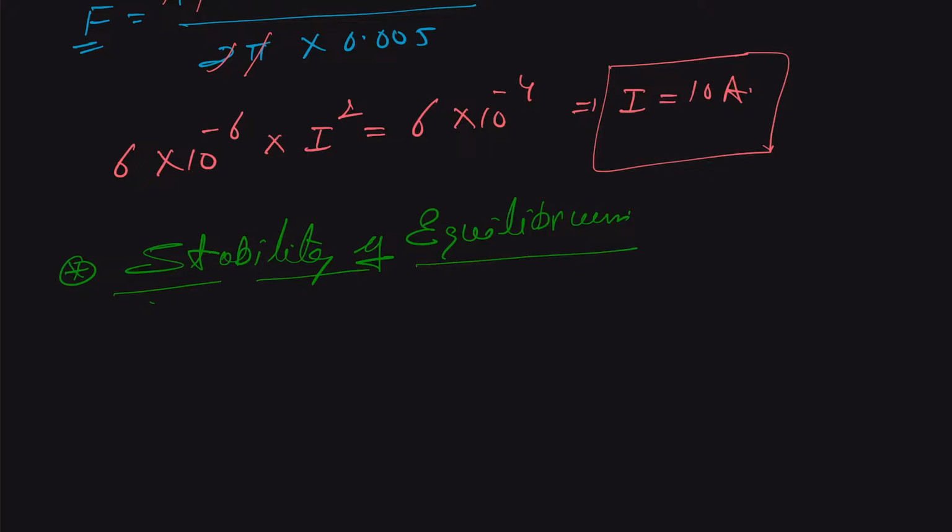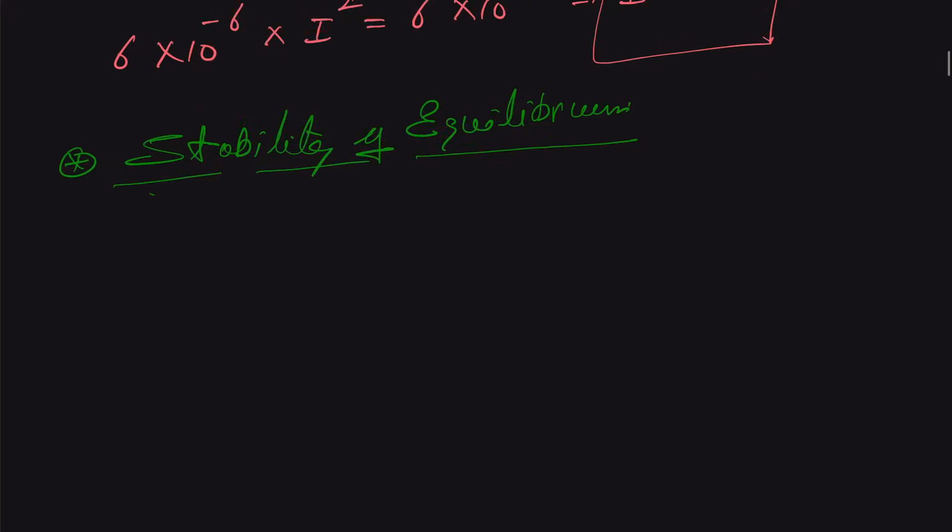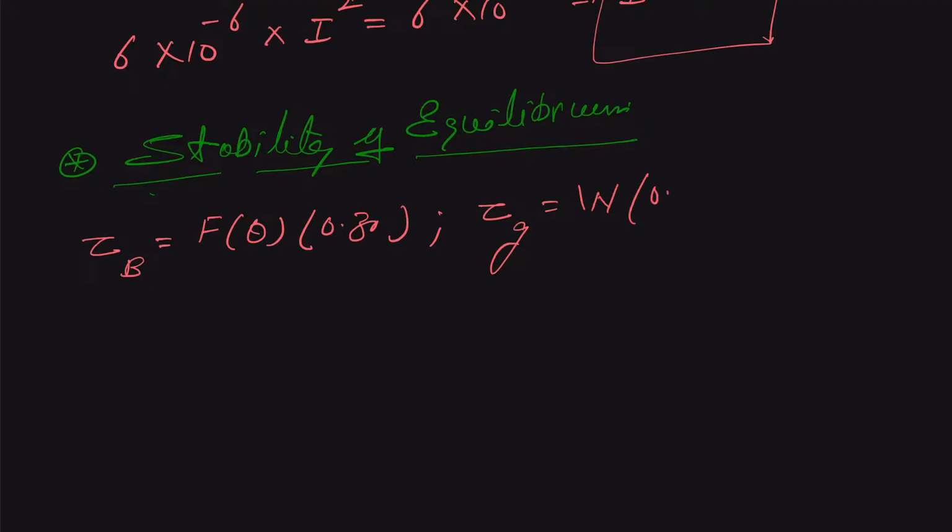We know that we have two torques acting. The first torque is because of our magnetic force, that is tau B, and obviously that will depend on theta, so we can say F theta multiplied by the distance, that is 0.3, and we have the torque because of gravity, which is W times 0.18 and sine of theta.